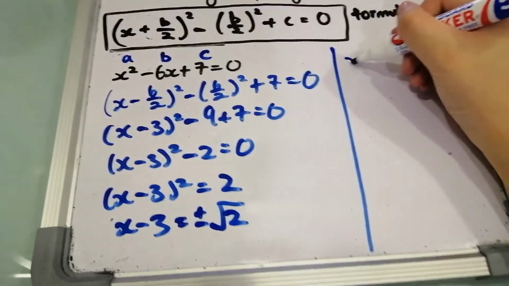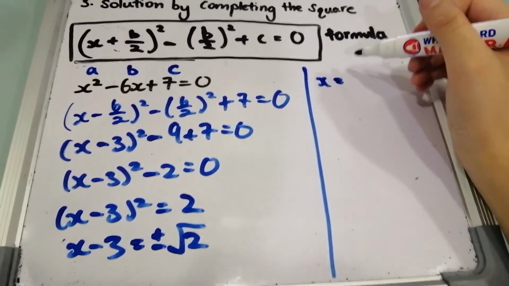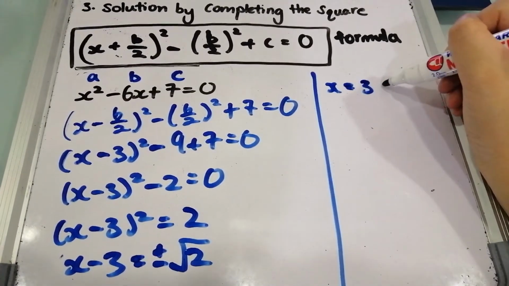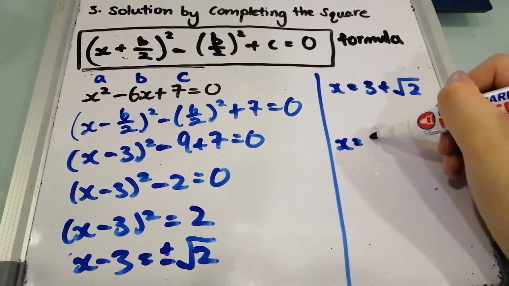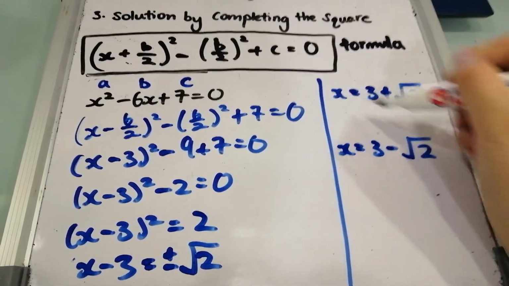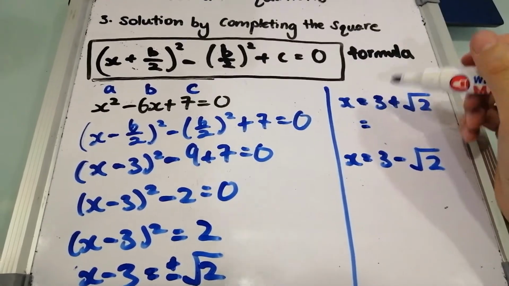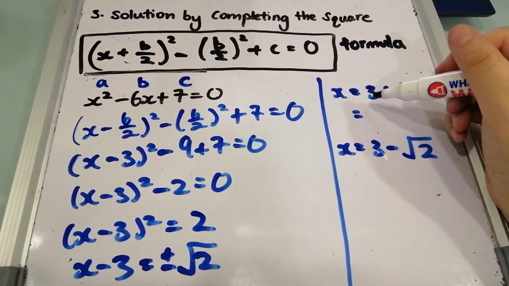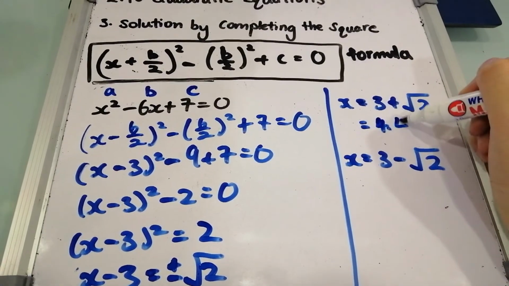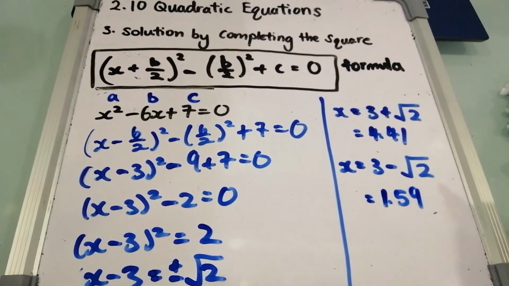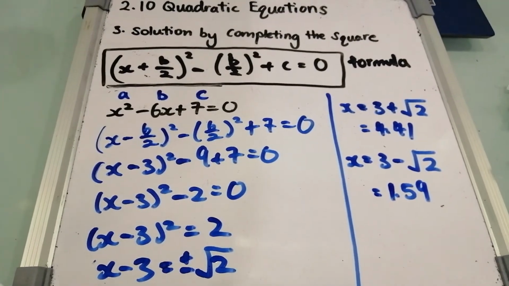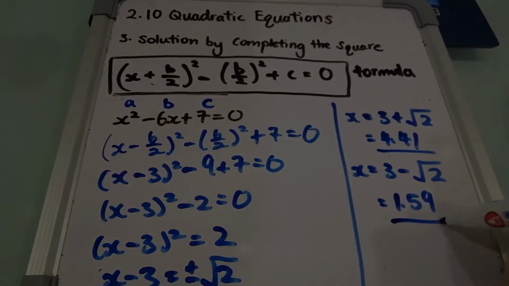Until here, we'll have x equals to 3 plus square root of 2, or x equals to 3 minus square root of 2, which is 4.41 and 1.459. So this is our solution with completing the square.